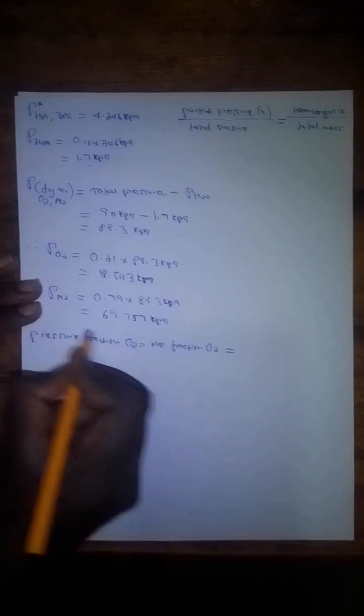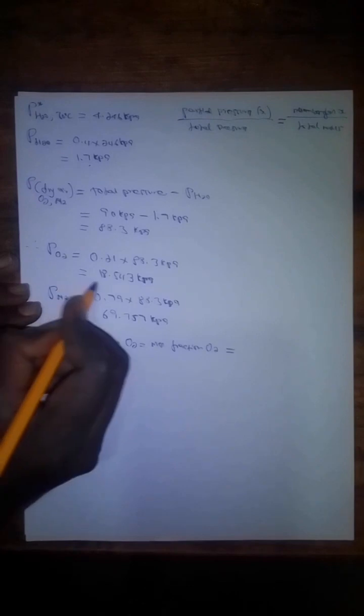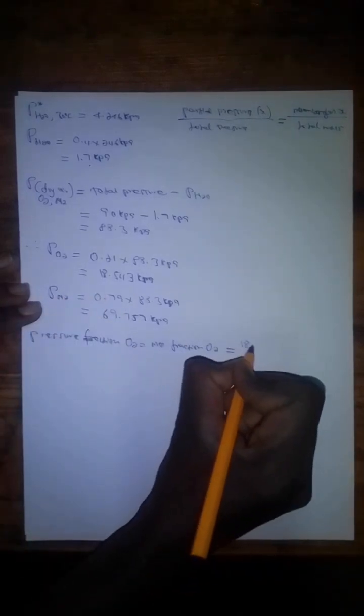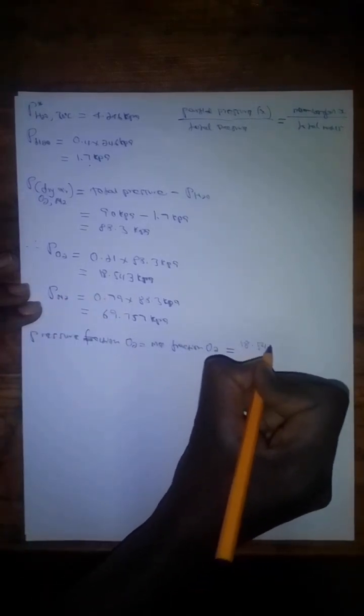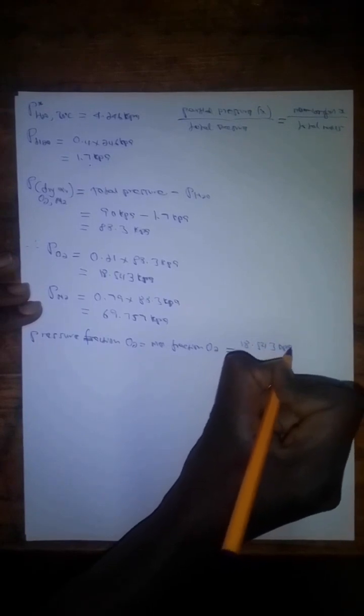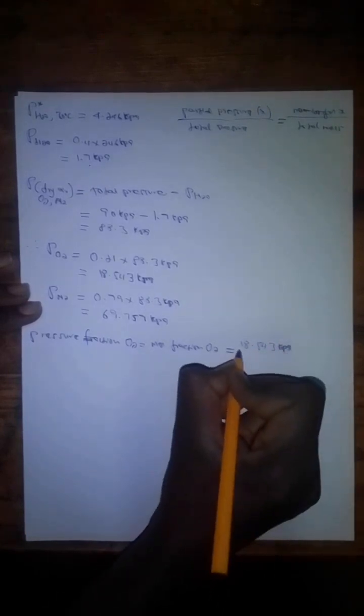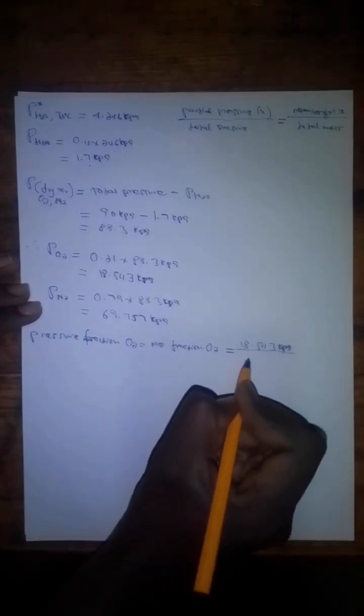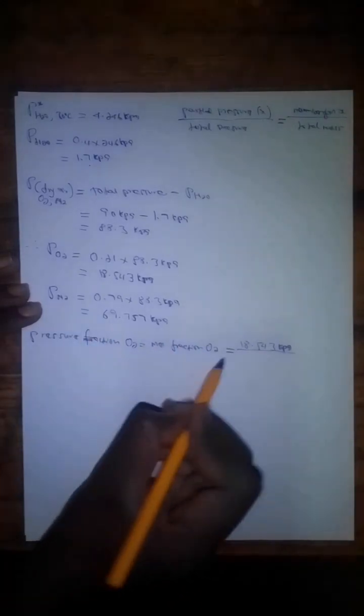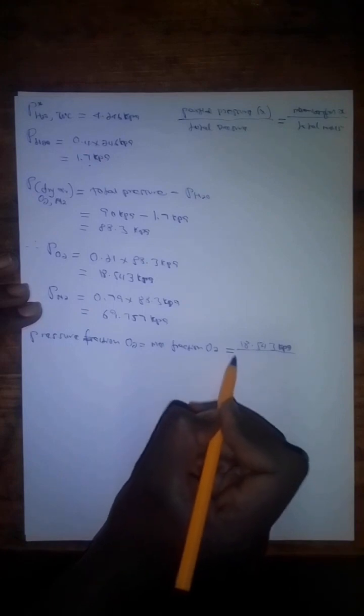We know that the partial pressure of oxygen we calculated to be 18.543 kilopascals, all over the total pressure.